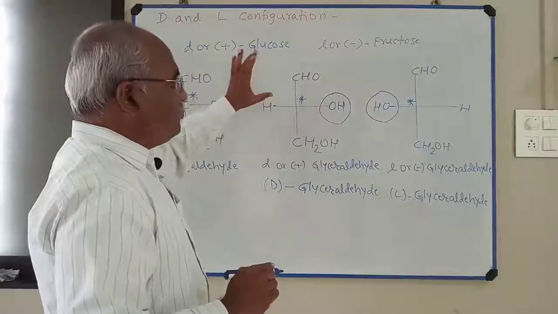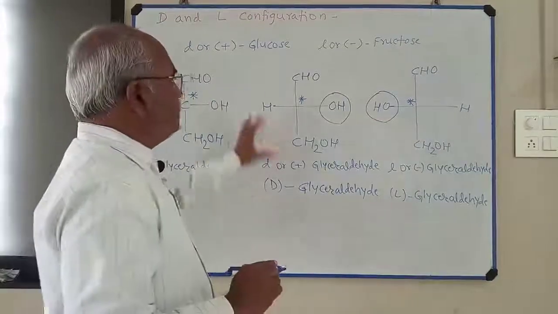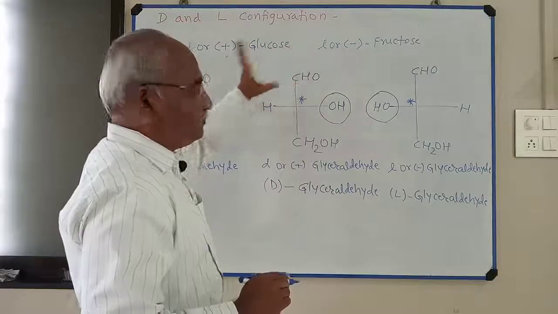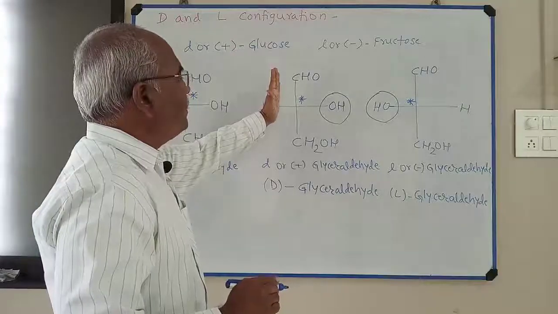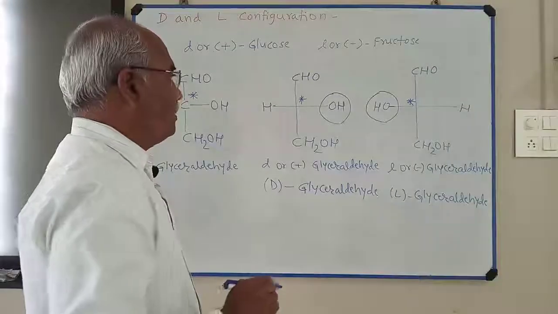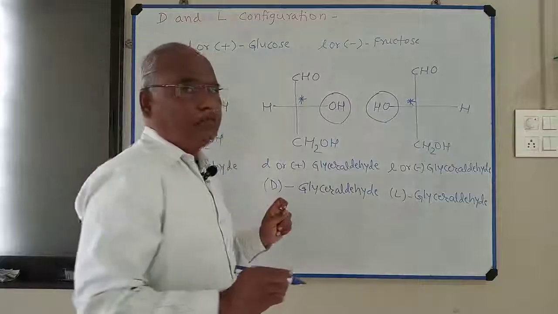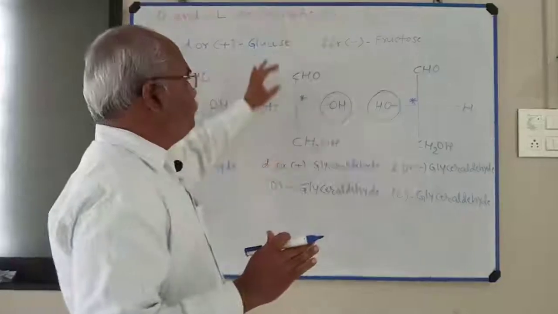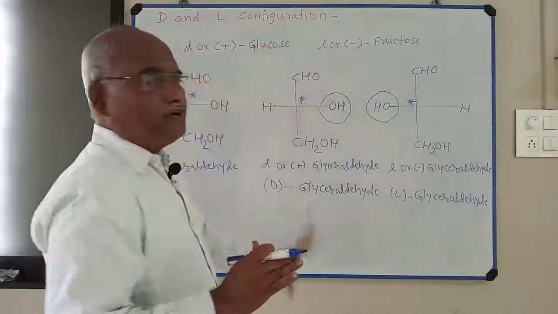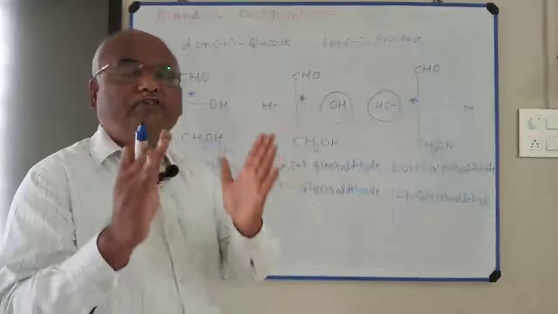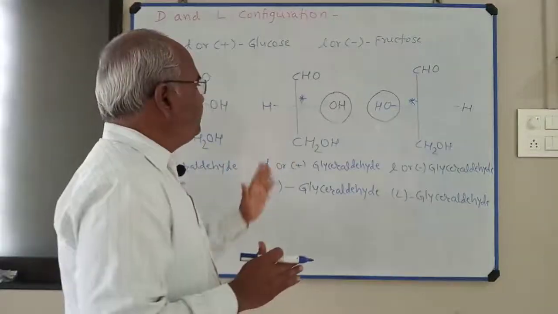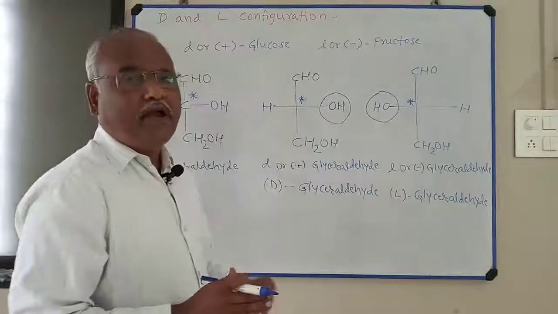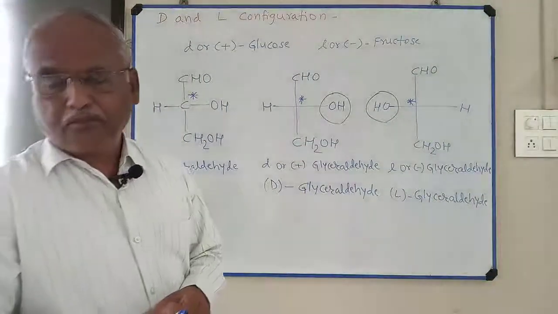In Fischer projection formula, the more oxidizable carbon atom is shown at the top of the vertical line. The long chain of carbon atoms in Fischer projection formula is shown as a vertical line.